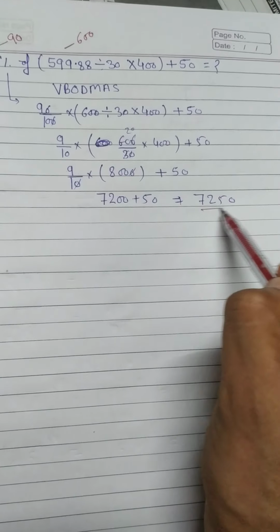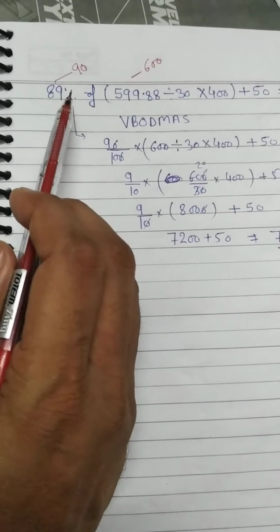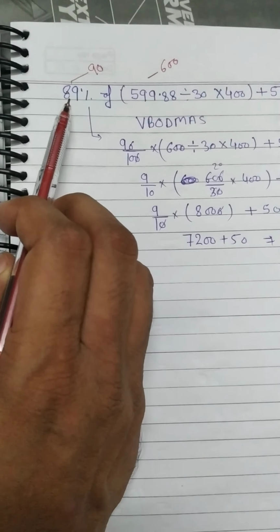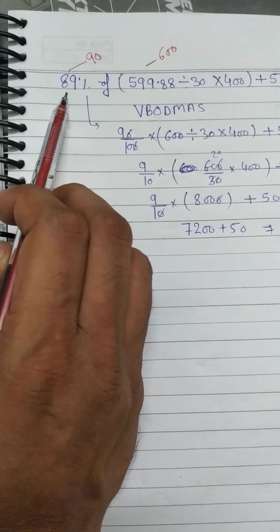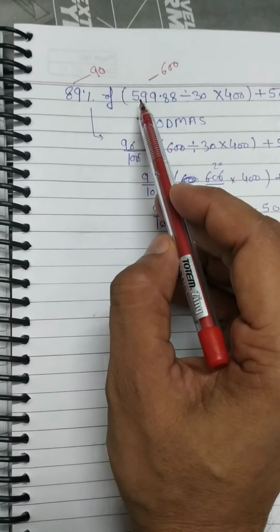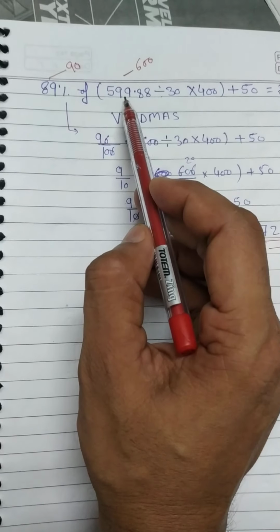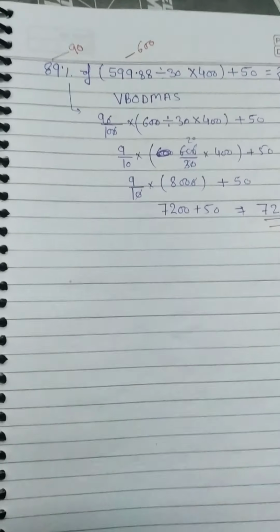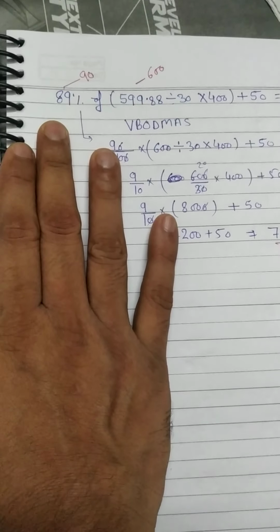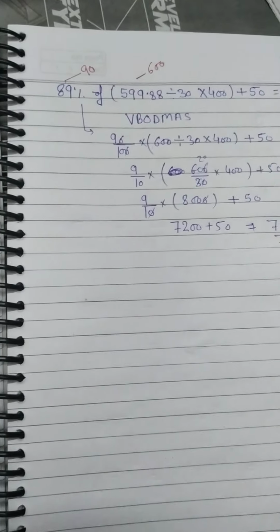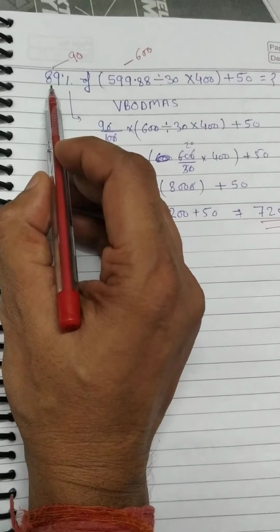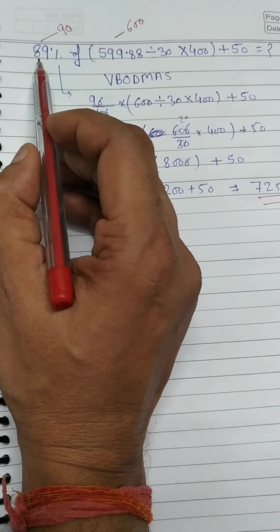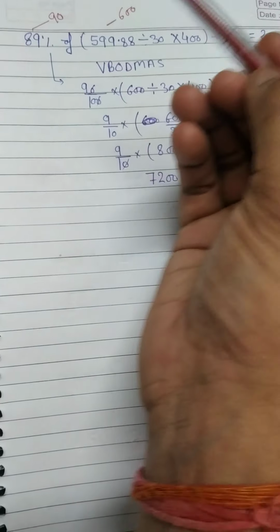So here don't waste time to take the exact value of 89. If it is 89, it means 90. If they give 599.88, it means 600. In many examinations many students go for the exact value, and if you take so much time for the calculation, make it very easy.